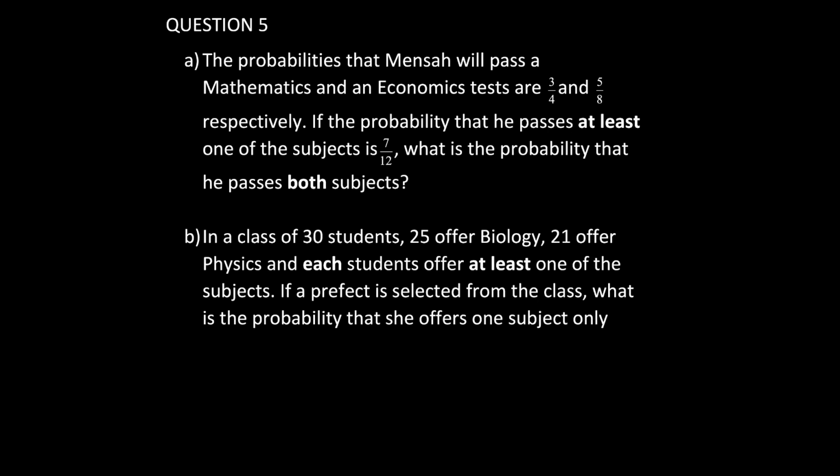Now our P of E intersection M is 3/4 plus 5/8 minus 7/12.